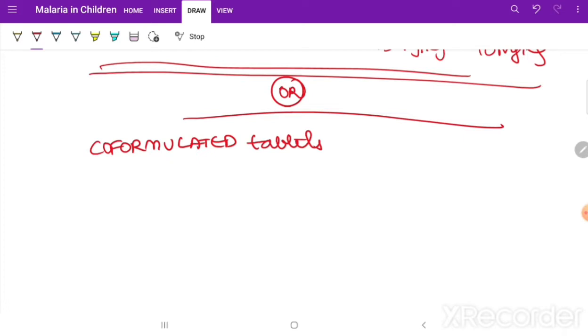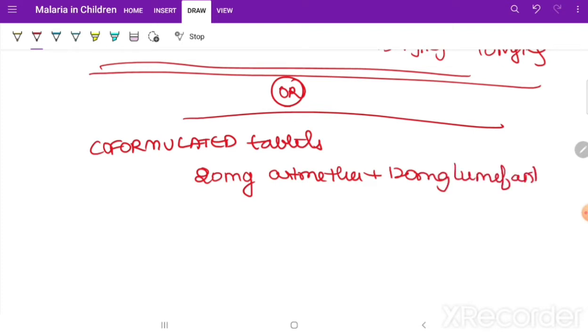That is our ADME, which is pharmacokinetics of the drug. So co-formulated tablets contain 20 mg artemether with 120 mg lumefantrine. It's a 6-dose regimen for 3 days. Means every day you will take twice.